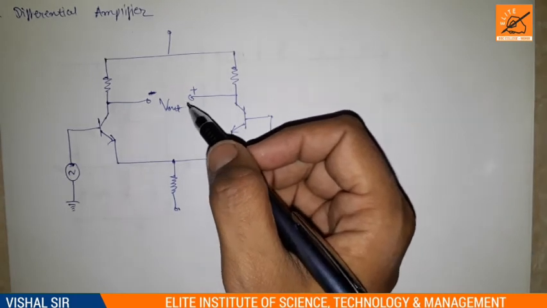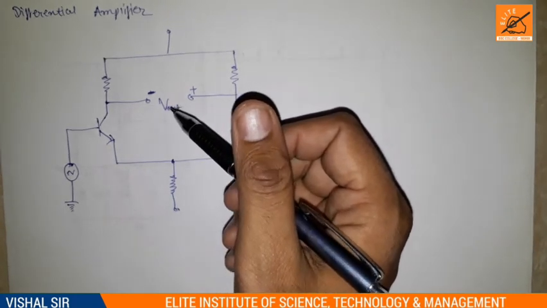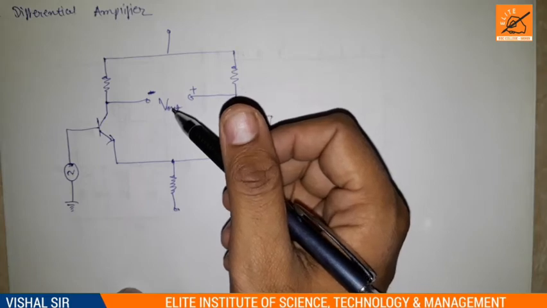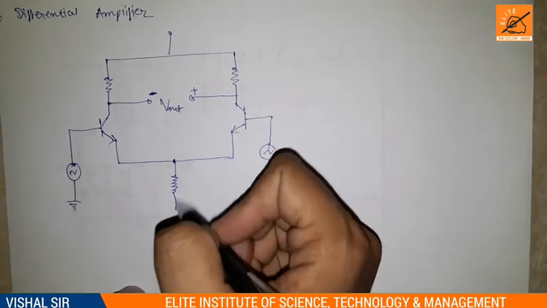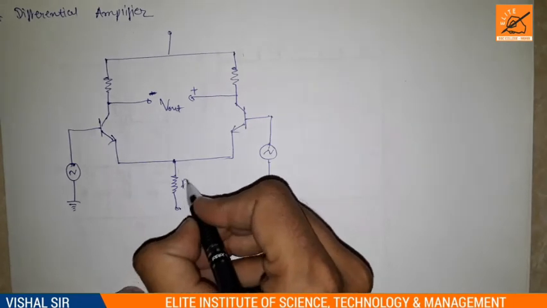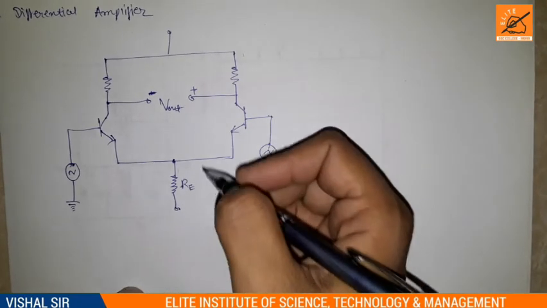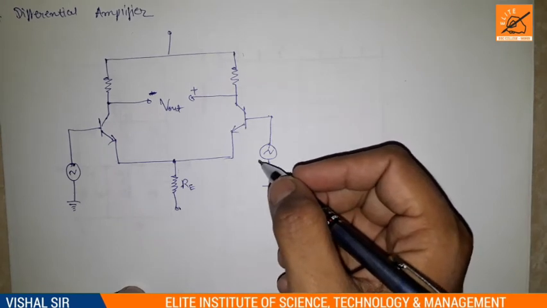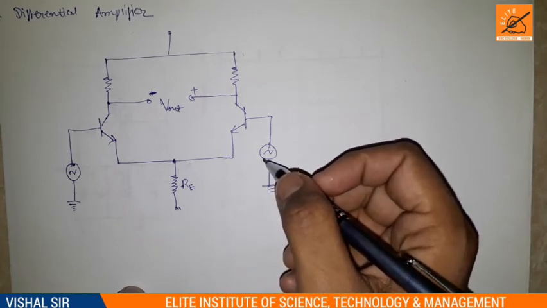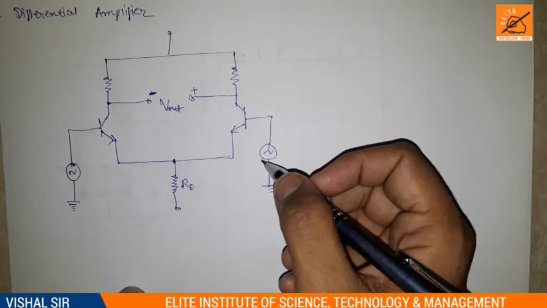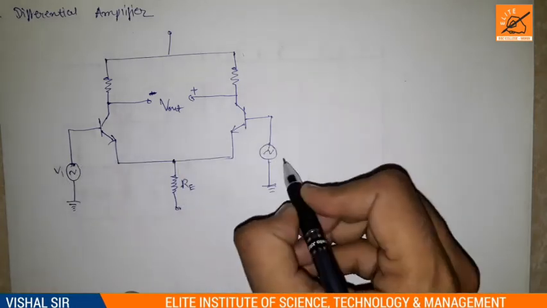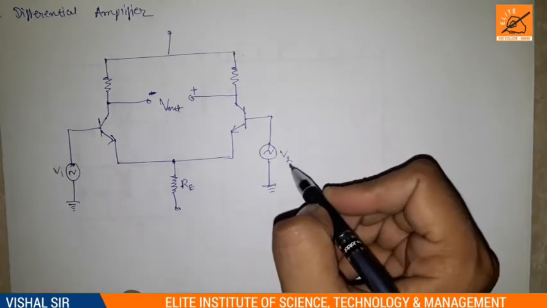Okay, so these are two common emitter stages in parallel with a common emitter resistor. Here we can see this is the emitter resistor. It has two input voltages V1 and V2 and two collector voltages Vc1 and Vc2. Here is V1 and V2.